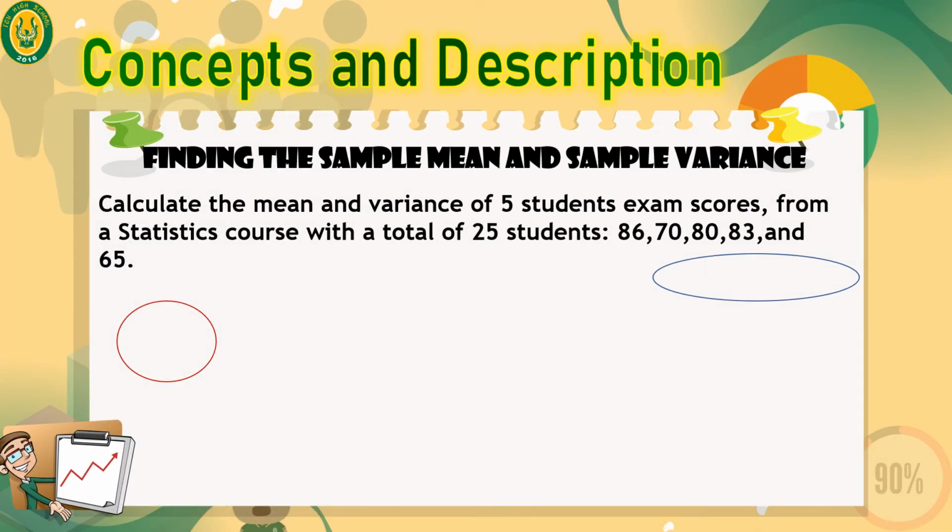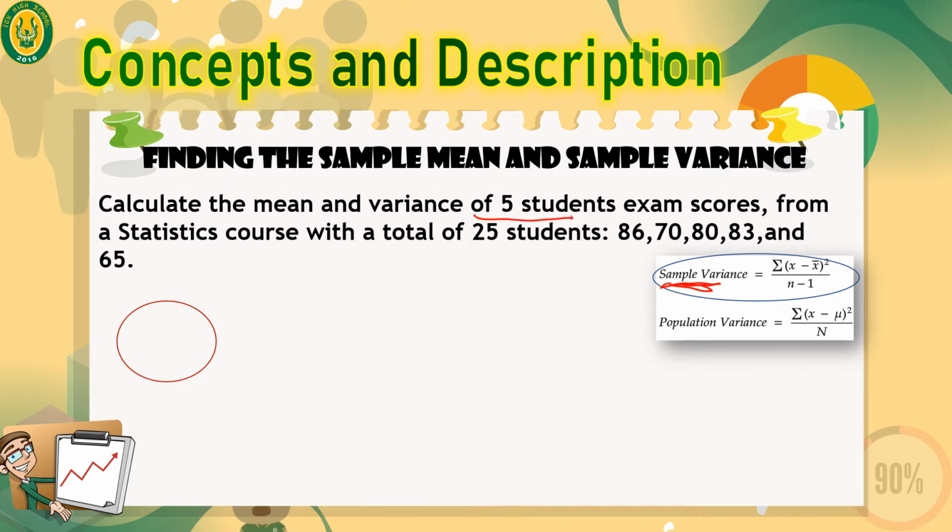Now, for the variance, we just have to use the equation for the sample variance. Again, we will use the sample variance because you're only looking into the sample of 5 students in this 25 student class. Okay, so let's copy the formula.